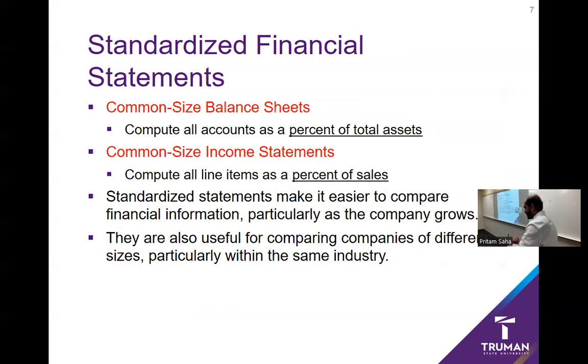Okay. So far what we did, we looked at different statements in absolute numbers, right? We looked at like, okay, total asset could be 1 million, total asset could be 1 billion. What is the problem if we look at statements in absolute numbers? Any idea? If we just look at any financial statements of any corporations in terms of absolute numbers, what is the problem?